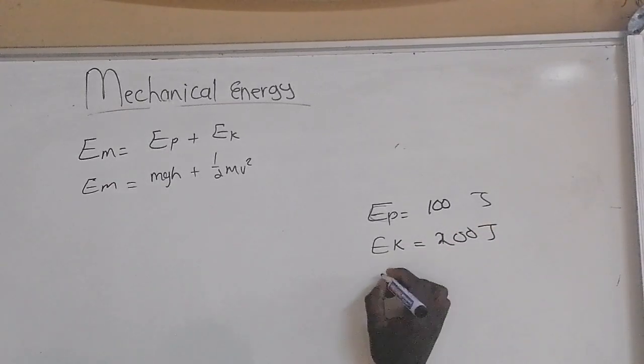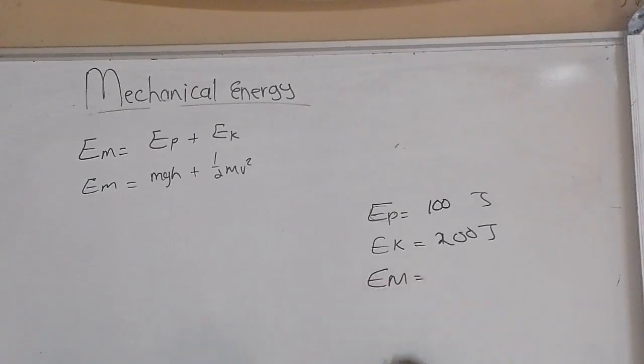Then they want you to calculate EM, or the mechanical energy. Since we have the kinetic energy and the potential energy, for us to get the mechanical energy, we have to sum these two energies.